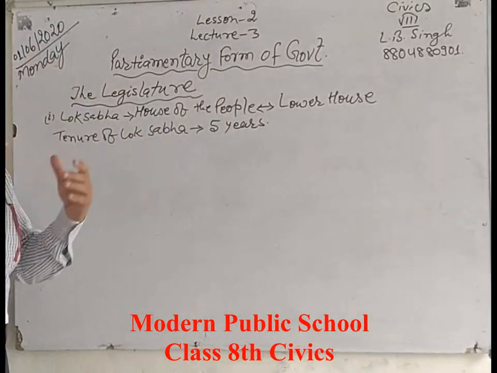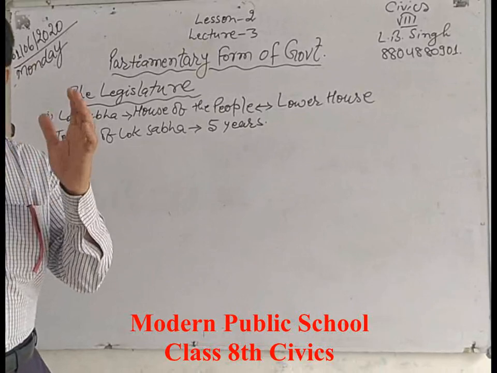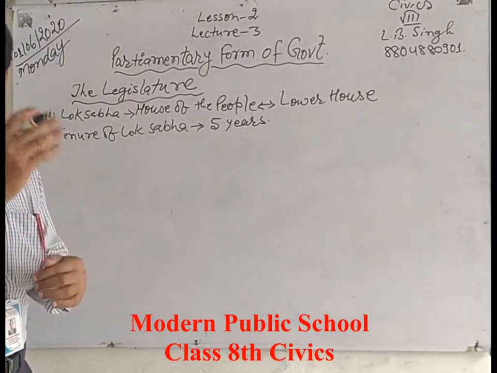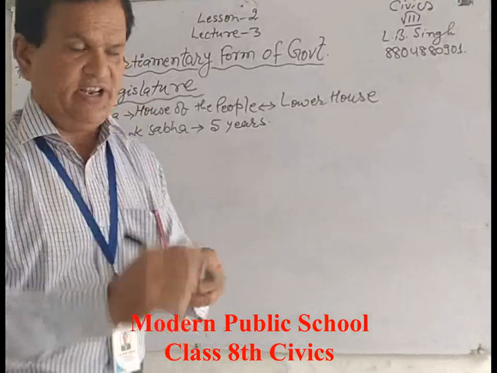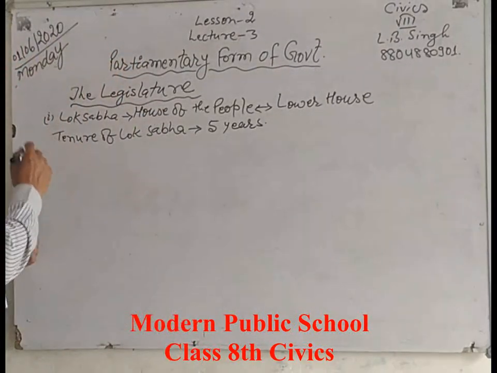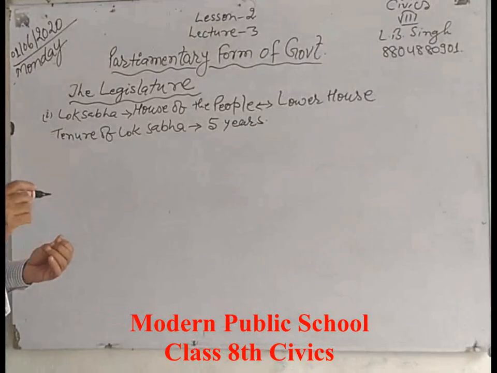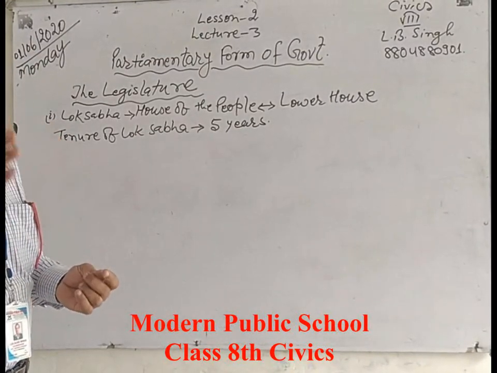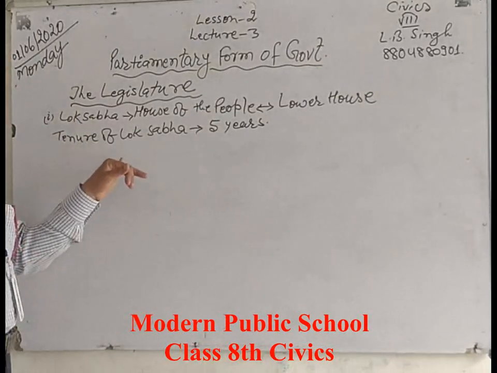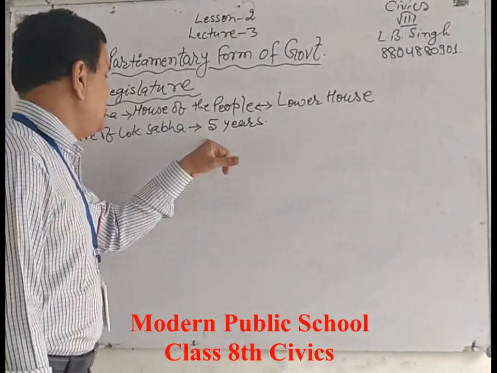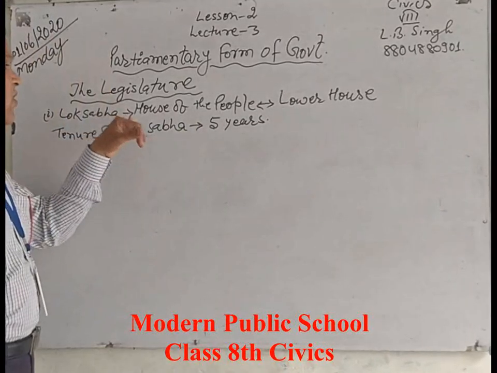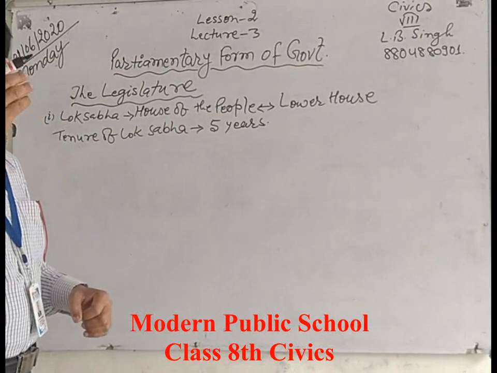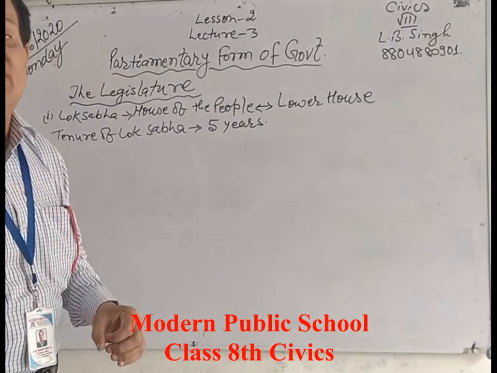The party that comes in majority again forms the government by the invitation of the President. It is the duty of Lok Sabha to make the law for the people of the country. After the law is passed by the lower house, it goes to the upper house, which is known as Rajya Sabha.